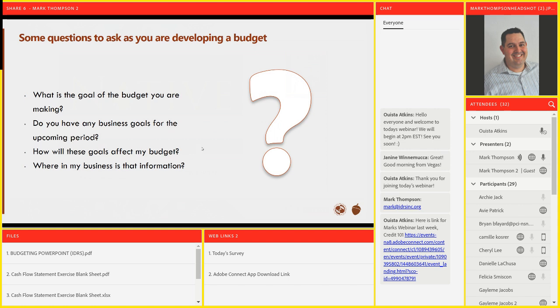Are you engaging in the budget because you want to save money to buy something large? Maybe you're buying a house, maybe you're buying a car, right? And so, all right, we're going to have these savings goals, right? So we need to build those into our budget. Those are all important. Same thing with business goals, right?